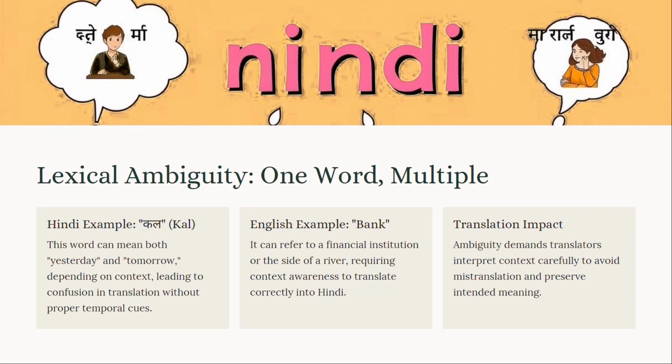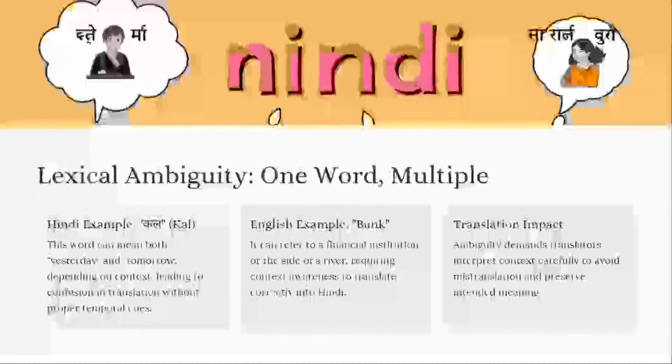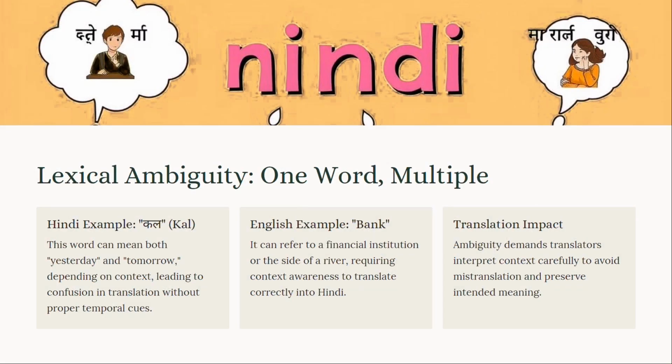So that we can avoid mistranslation and preserve the intended meanings. I want you to take a pause over here. Write down 5 to 10 examples in Hindi and write down the multiple meanings of them. Same with English. Take one word which has multiple meanings, write down sentences using those words and translate them. It will help you to understand how to overcome these lexical ambiguities.